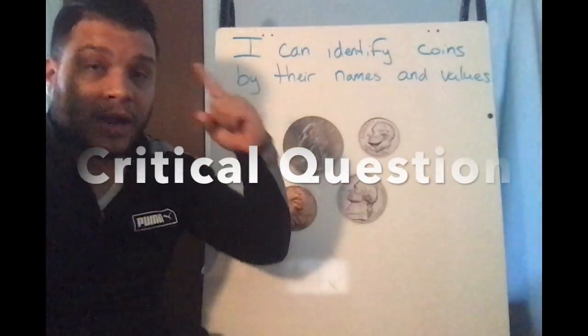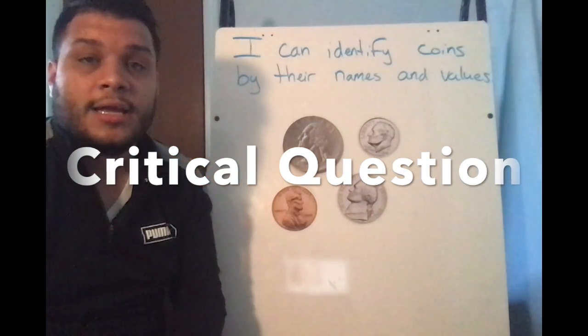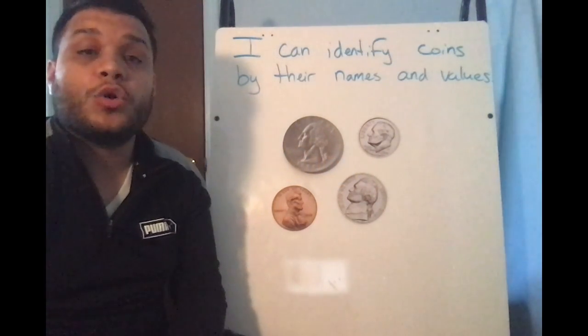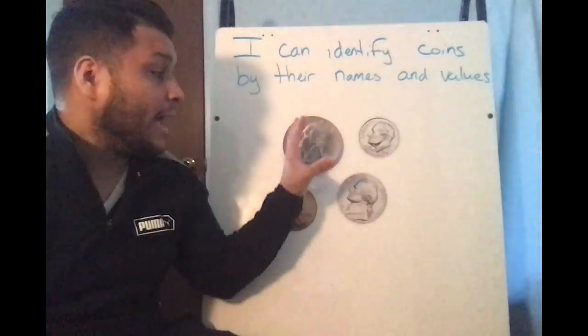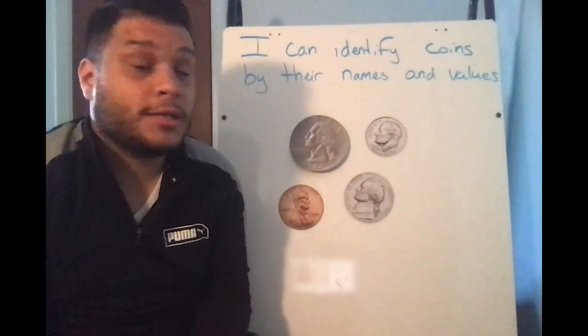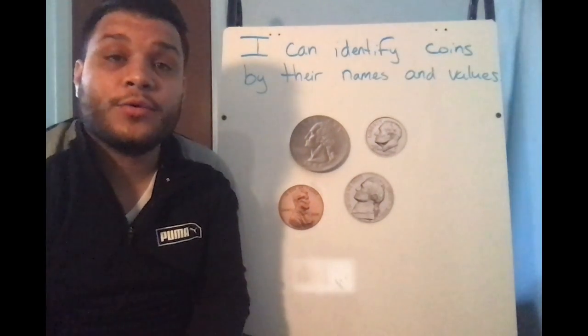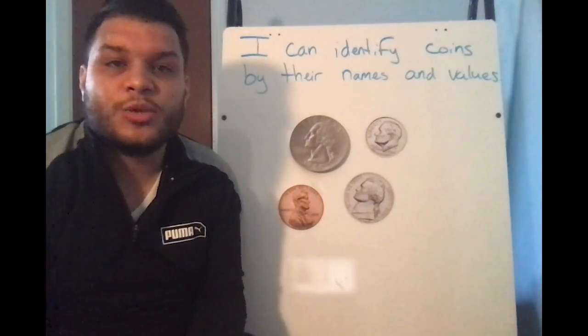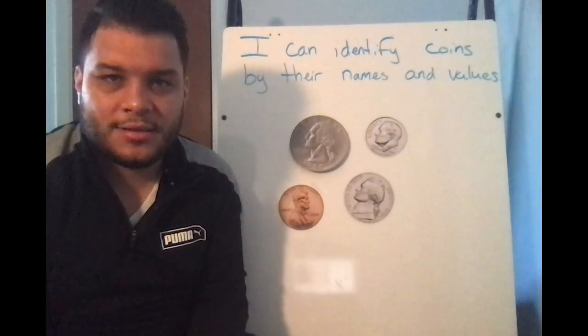Now I want to go over our critical question today. Our critical question is, why is it important to know the value of our coins? The most important reason is because when we go to buy something, do we buy something with monopoly money?